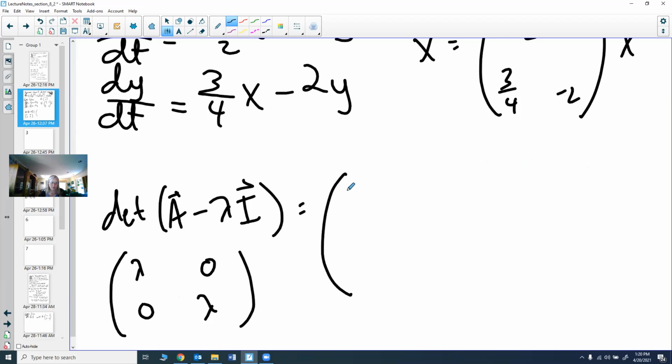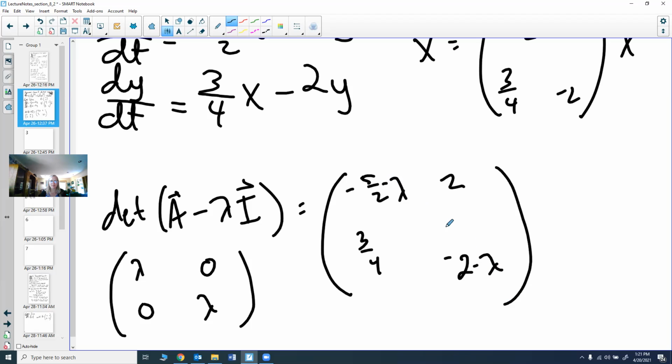So we're going to have minus 5 halves minus lambda, 2, 3/4, and then minus 2 minus lambda. So again, we subtracted lambda off the diagonal, and we end up with this. Now, this is actually finding the determinant of this.